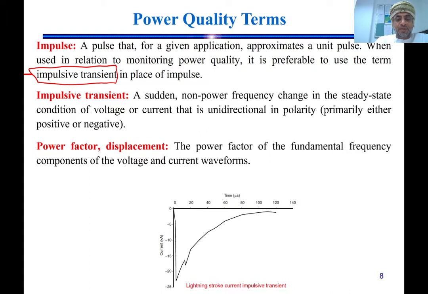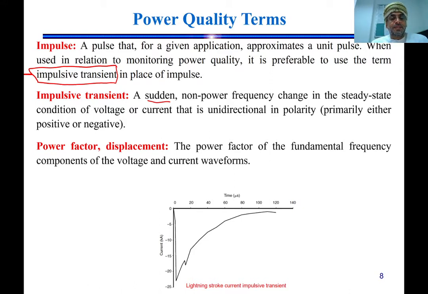So the current will shoot to a very high level in roughly a microsecond, then it will decay to the normal level also in a number of microseconds. So impulsive is a sudden change in the steady state condition of the voltage or current that is unidirectional in polarity. Okay. So this is what we mean by the impulsive. So this is impulsive transient.